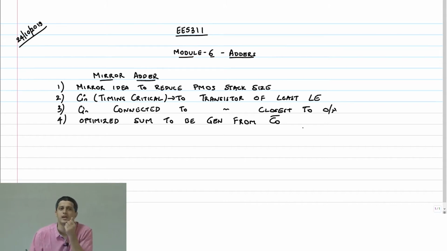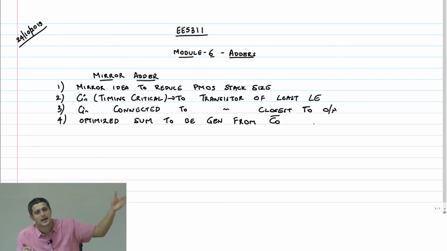Otherwise the 3-input XOR implementation is going to be very complex. Instead of that, we were able to reuse the Cout bar. And why was that okay? Because we showed that in the ripple adder, the Cout is actually the signal that's on the critical path. Only for the last adder, the sum is on the critical path.